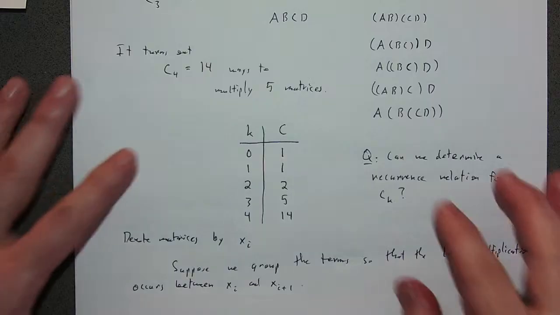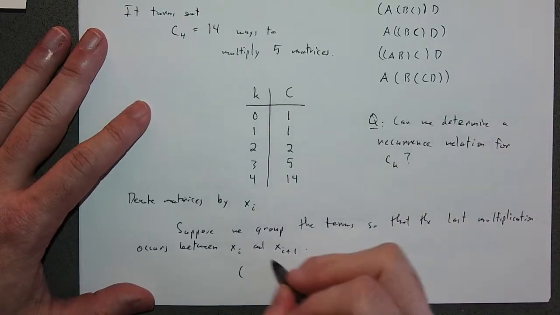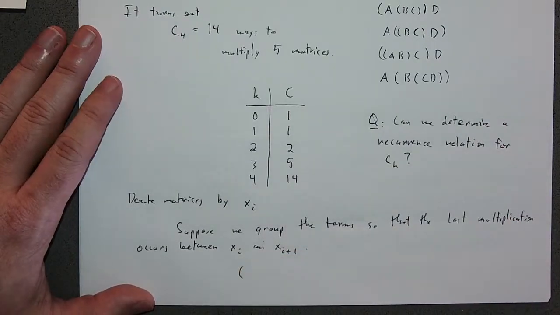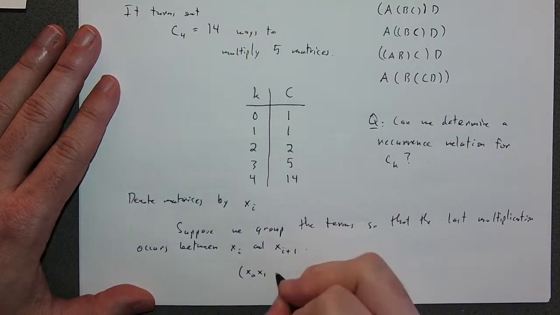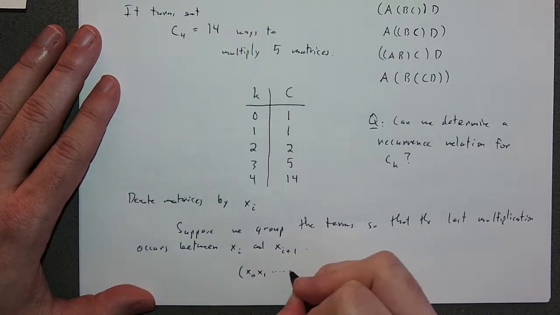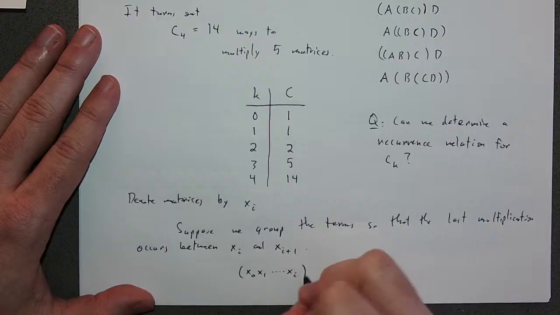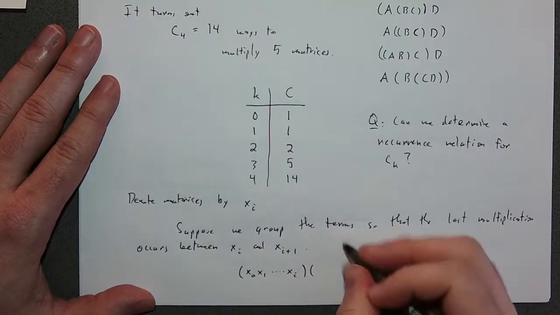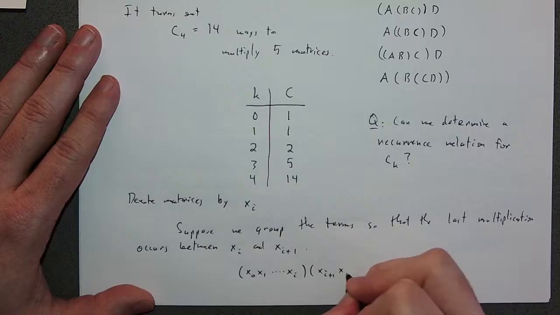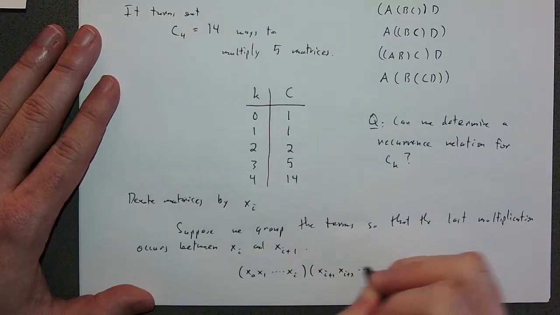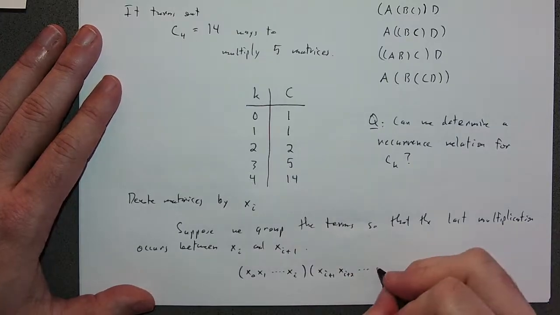So if we have done that, it means that I have a list of matrices, which I'm going to list x0, x1, and so on, up to an x sub I. And then x sub I plus 1, x sub I plus 2, and so on, up to k.